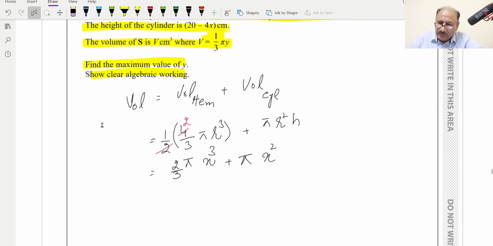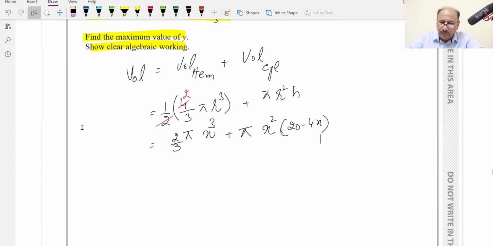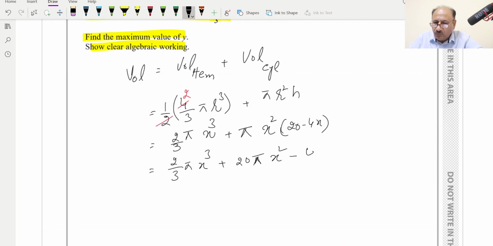So we will write here into 20 minus 4x, and now we have to open the bracket and simplify, and this will be the total volume. So 2 by 3 pi x cubed, and plus this will be 20 pi x squared minus 4 pi x cubed.